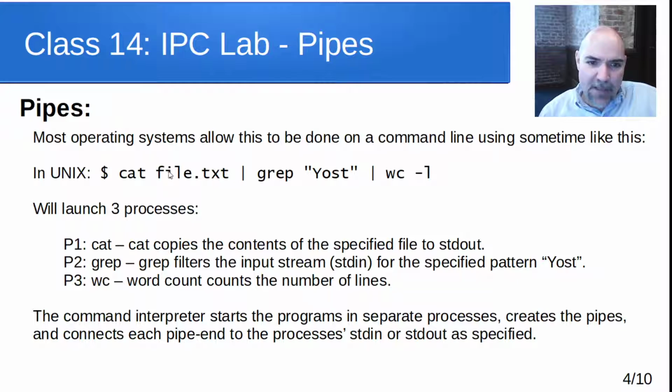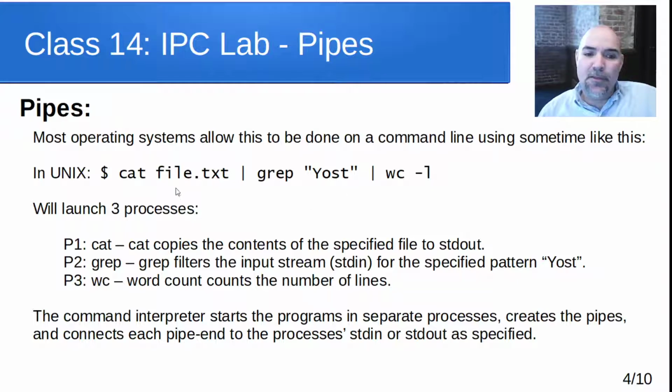But we can say, rather than having the output of this go to the console, we can pipe it to the input of another process. And this process, grep, looks for a pattern. If it finds that pattern, it passes any lines that have that pattern along. And then that could go to the console, or we could route that output to the input of the WC process, which is word count, and that counts the number of lines.